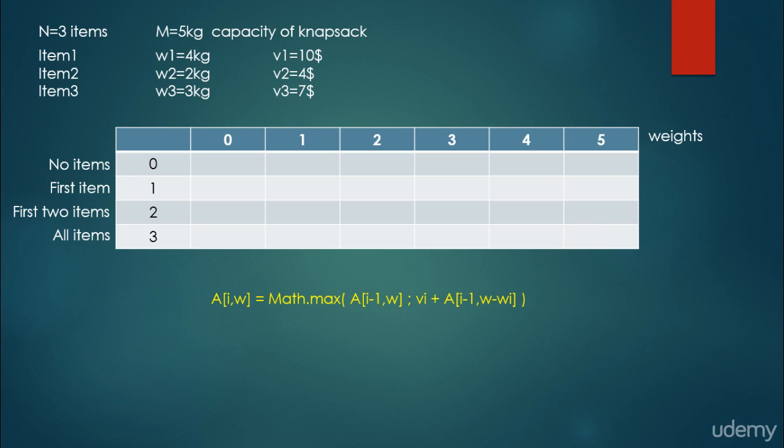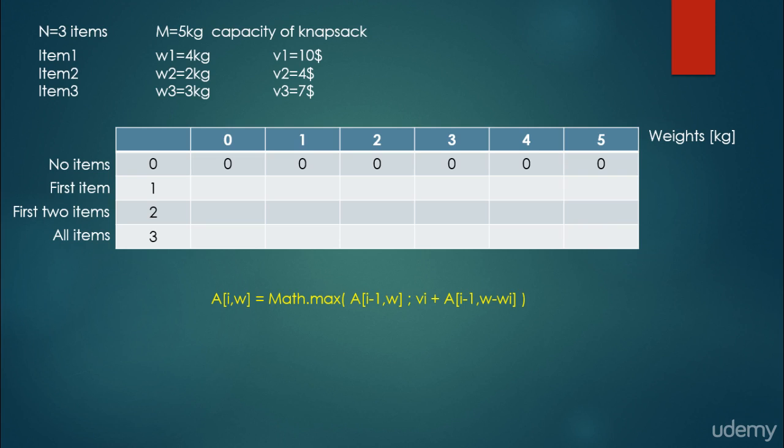So in this situation we take the item with the ith index, so we get the value v_i, and we have to subtract the item's weight w_i from the knapsack's weight.